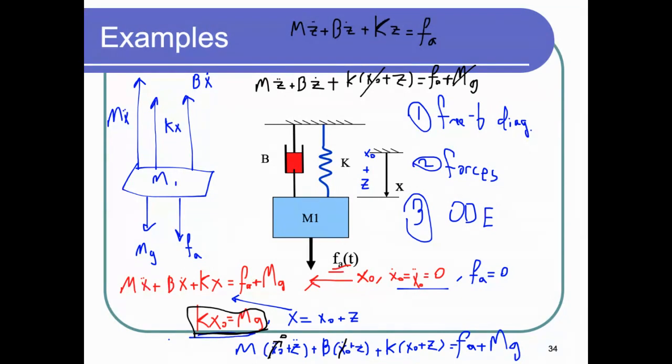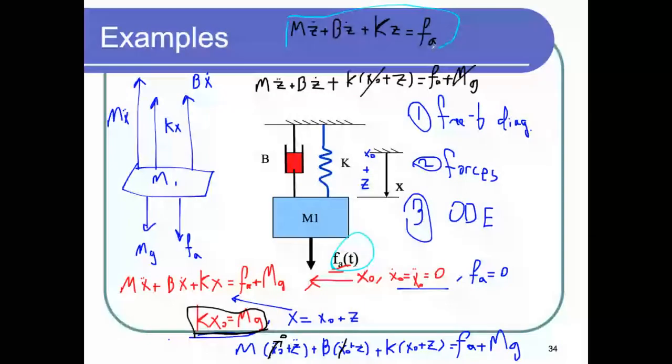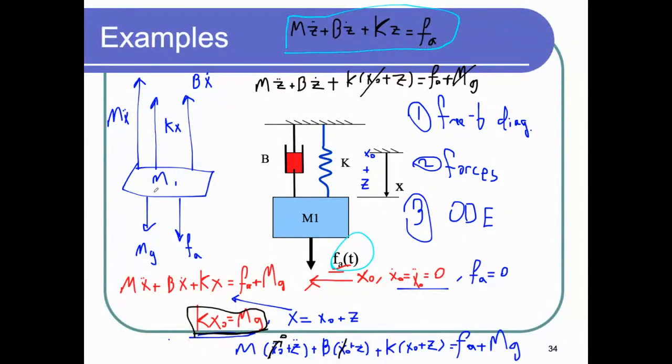We can ignore the effect of the gravitational force if we're only interested to see how the system behaves due to an external force, or applied force, F_a. Using this derivation, I just showed you that this equation is equivalent to this if you're only interested in the effect of the applied force.